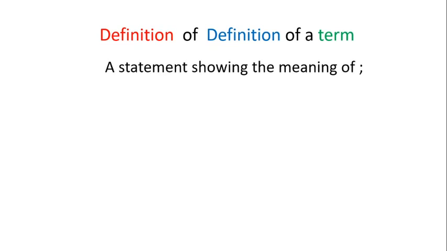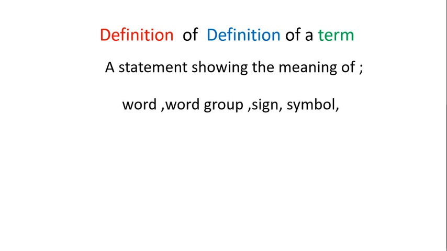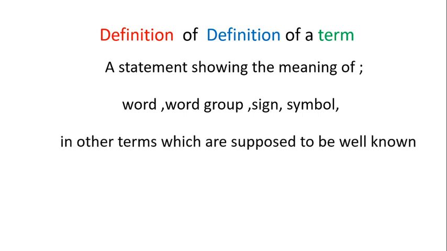So can we put it this way, children? Definition means a statement showing the meaning of a word, word group, sign, symbol in other terms which are supposed to be well known. Whatever we know, using those terms only, we give the meaning of the word or group of words or sign, symbols, whatever may be.